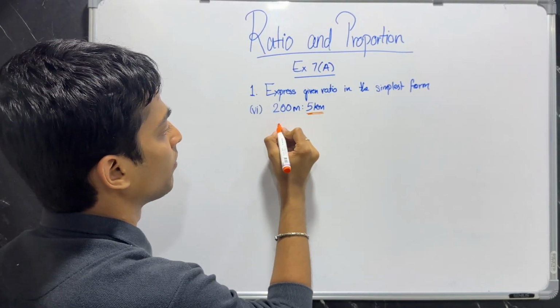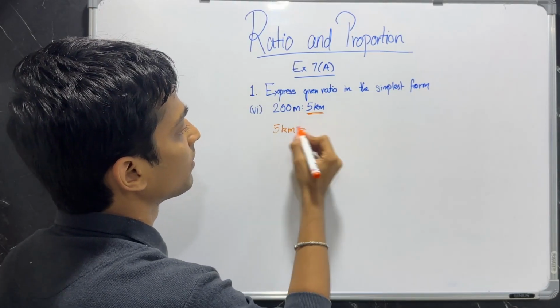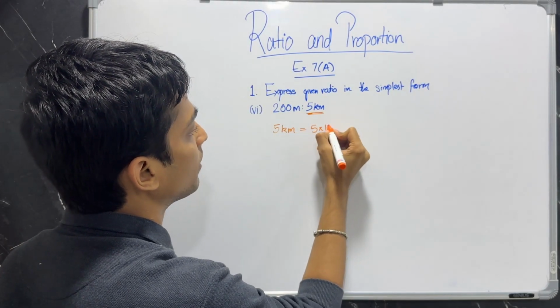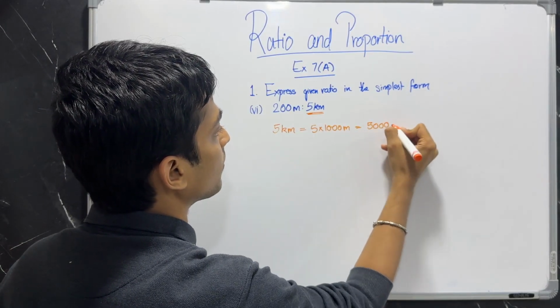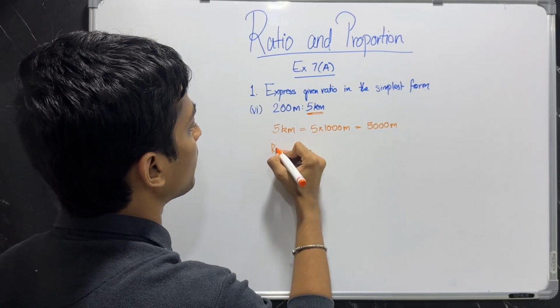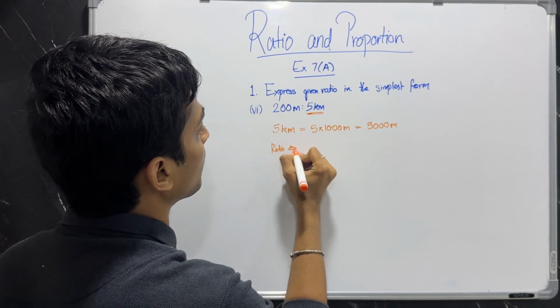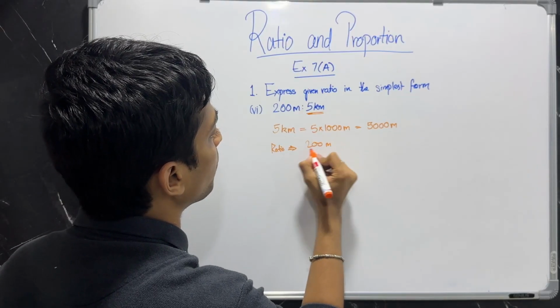So 5 kilometer into meter is 5 into 1000 meter, which is 5000 meter. Now we just divide, so the ratio will be 200 meter upon 5000 meter.